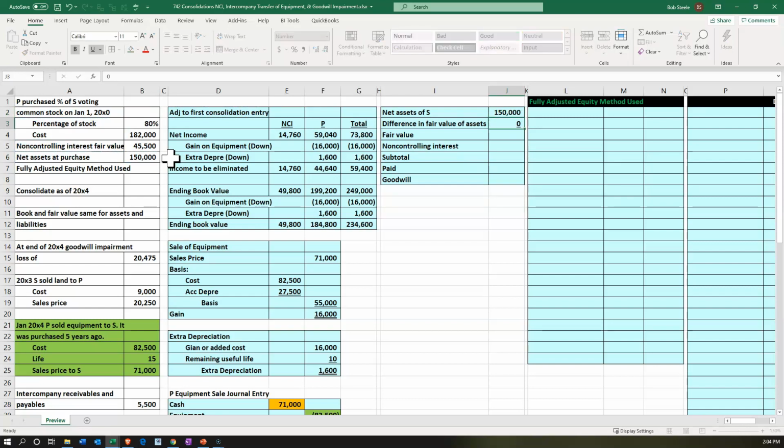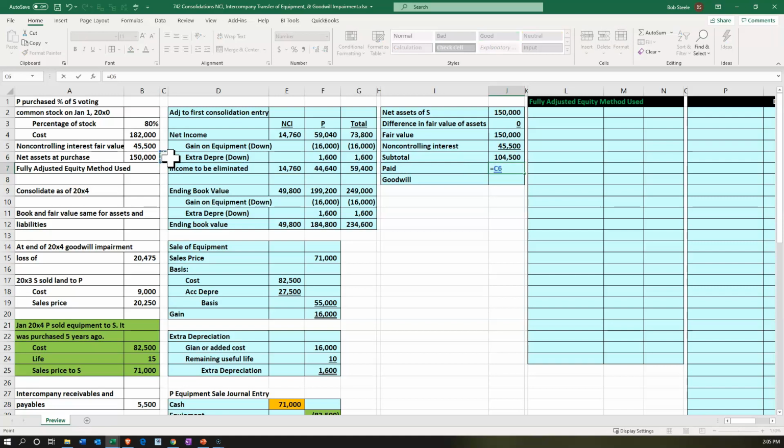There was no difference between the fair value and book value of the assets and liabilities, so we have no adjustment there. The non-controlling interest at the point in time of purchase 5 years ago, 2000 X0, was $45,500. Therefore, the controlling interest would be the 150 minus the 45.5, the difference of the two. That's how much you would think would be paid by P for the 80% if there was no goodwill.